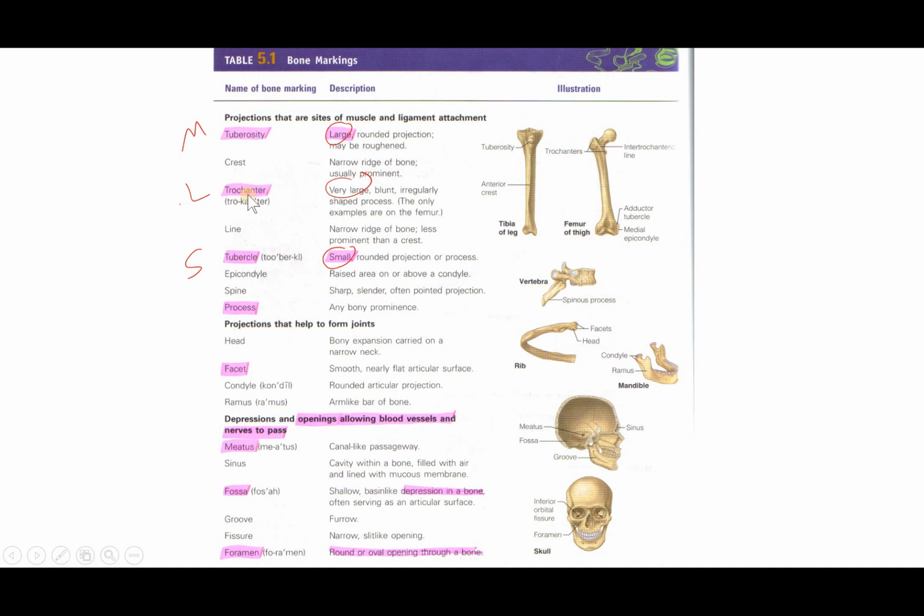Okay, trochanter, a very large bump on bone, like our greater trochanter, which is right here on the femur. The reason they give it the word greater is because there's a lesser. So greater trochanter, lesser trochanter.